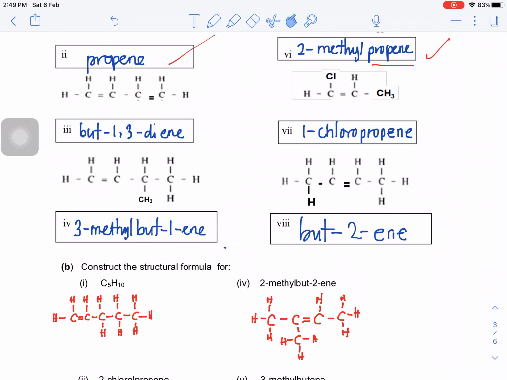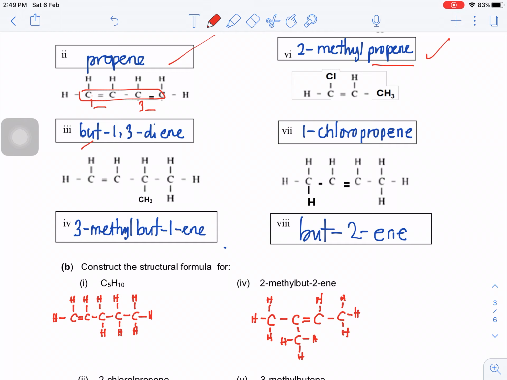Okay, next. Okay, you can see here. There is 2 carbon-carbon double bond. The first one is at carbon 1. The second one is at carbon 3. So we have 4 carbon atom. So the name is but.